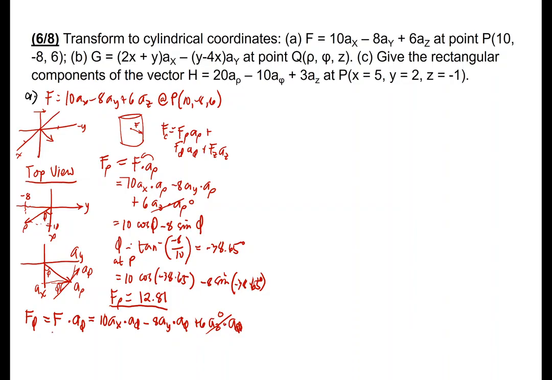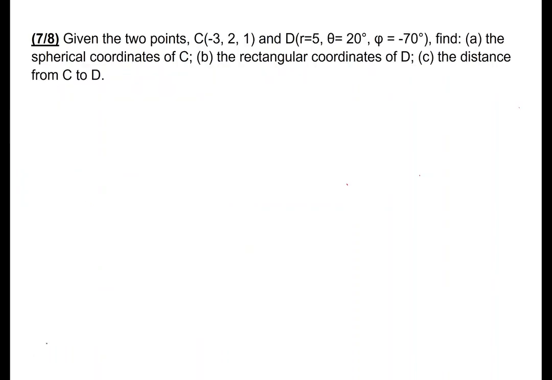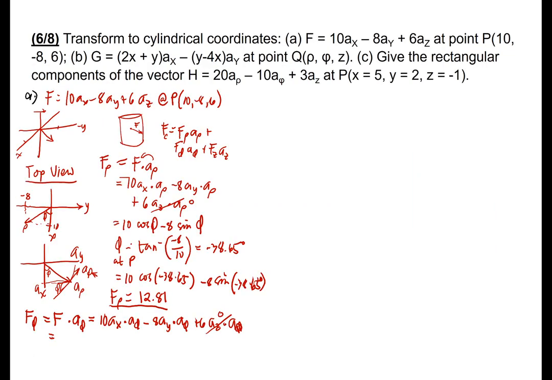Now your 10 ax dot aφ, if you look at this here in the drawing, actually it points to the negative of ax. So you can visualize this like this: you have your aφ here, and then your ax is here.